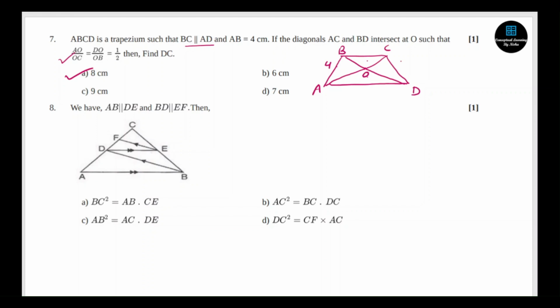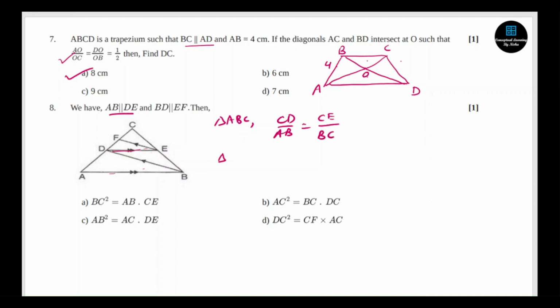Alright. Now here AB is parallel to DE. See, these two are parallel, as given, and BD is parallel to EF. Then, if I consider triangle ABC, AB is parallel to DE. So what I can say is CD to AB equals CE to BC, correct?